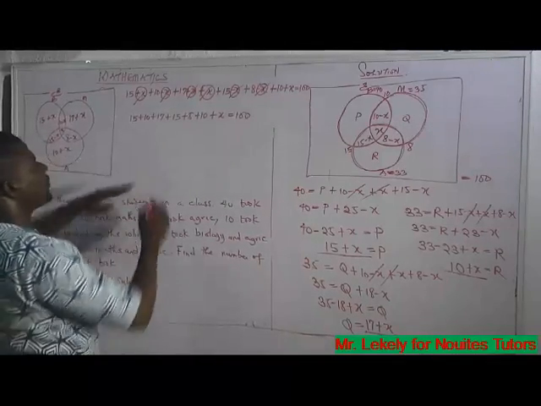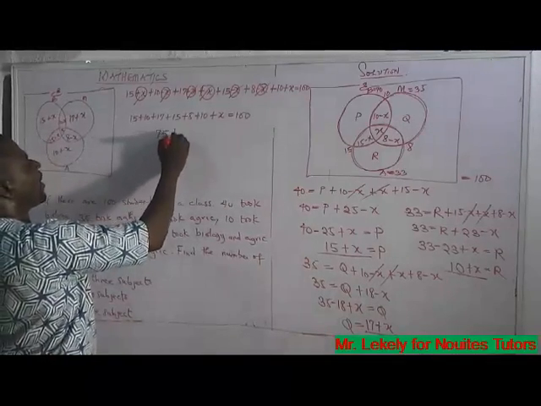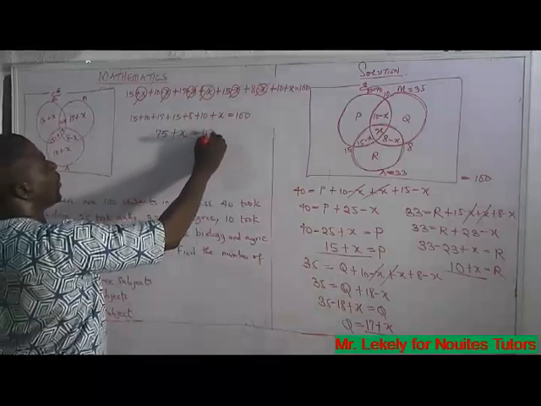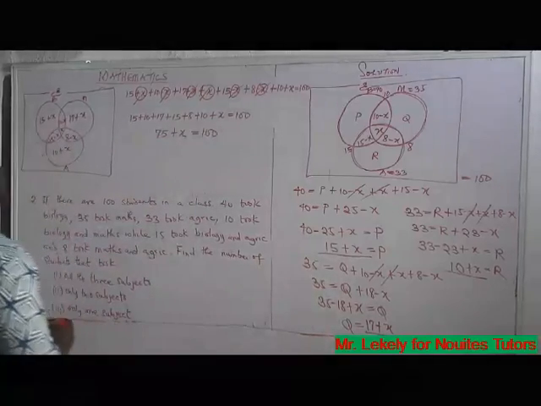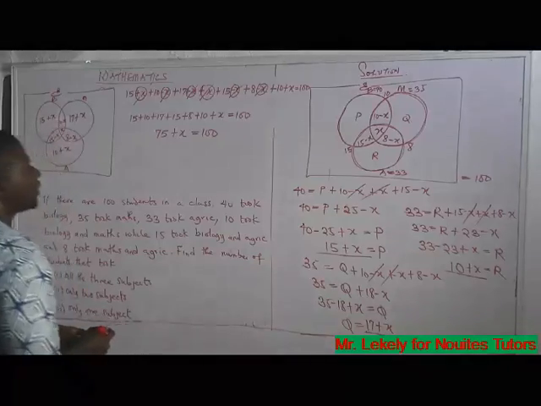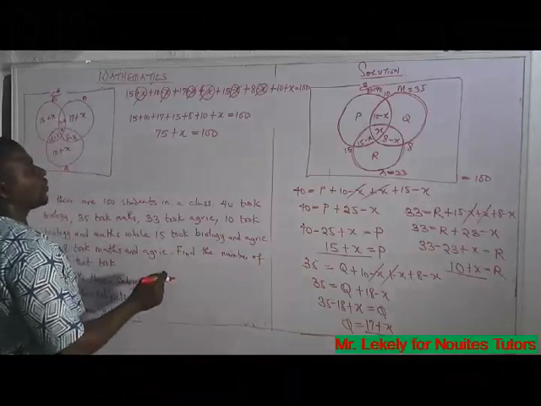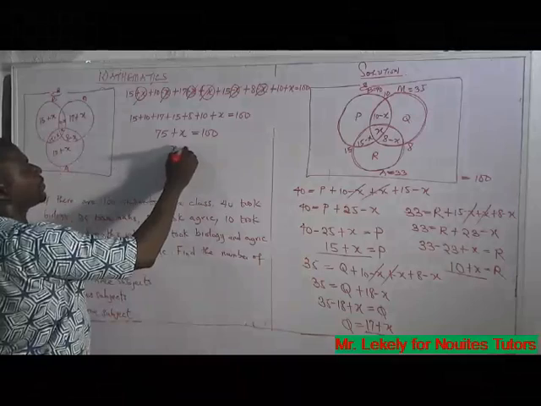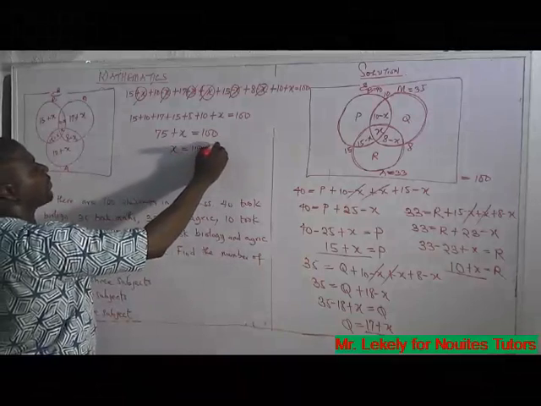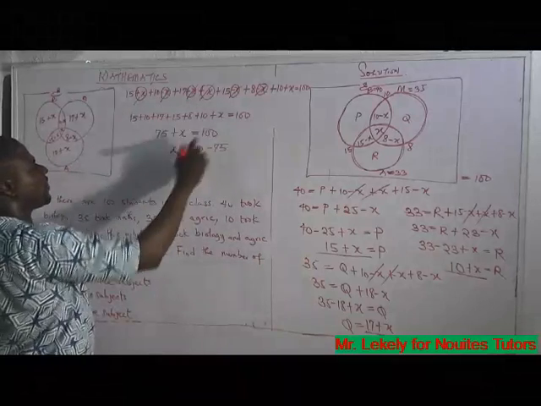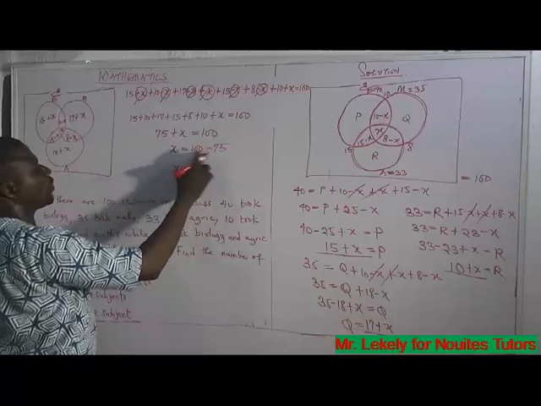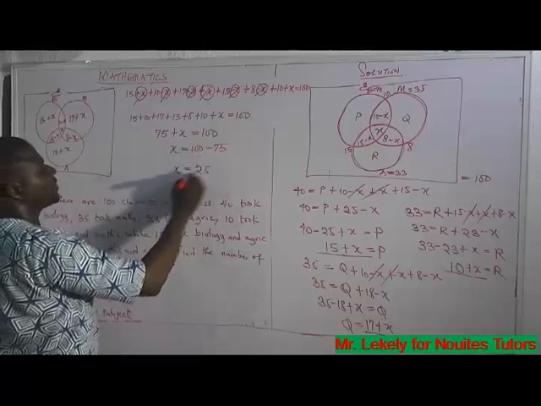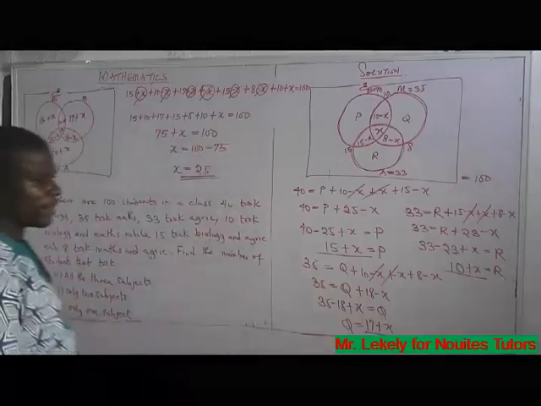So if you add all of this together, you have 75 plus X equals 100. So your X is equal to 100 minus 75. You bring this 75 to this side. So your X equals 100 minus 75, which is 25.